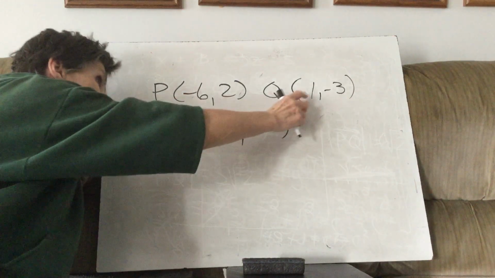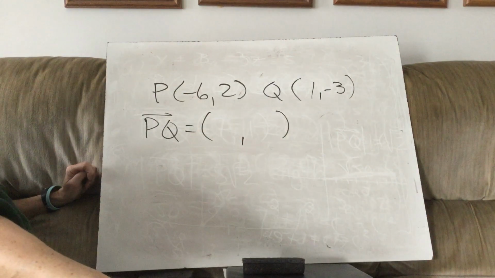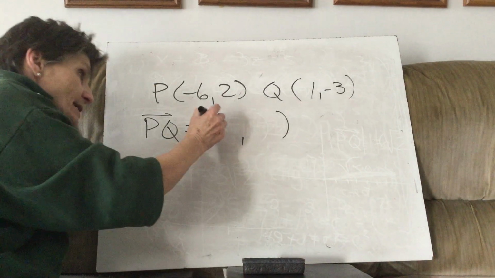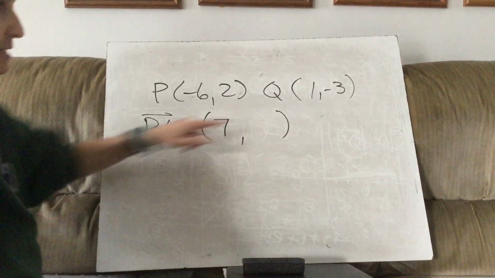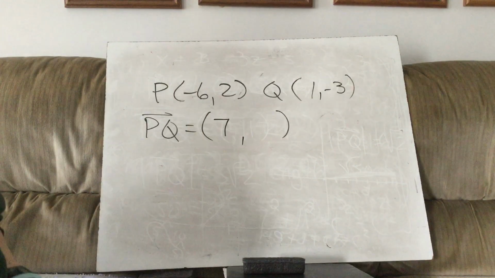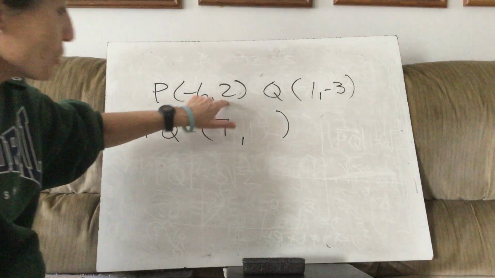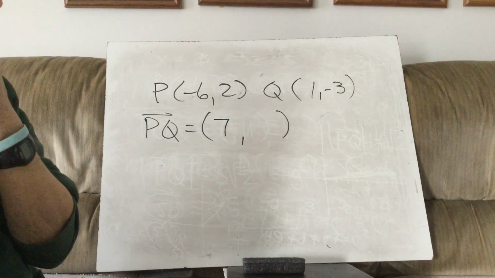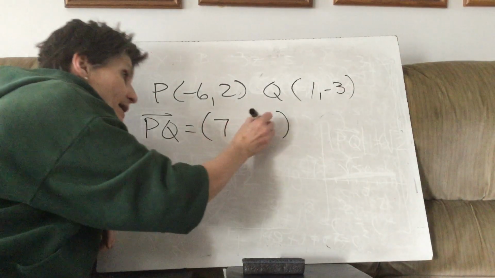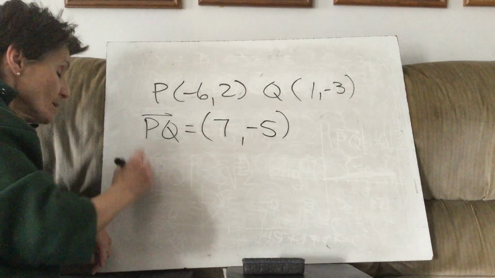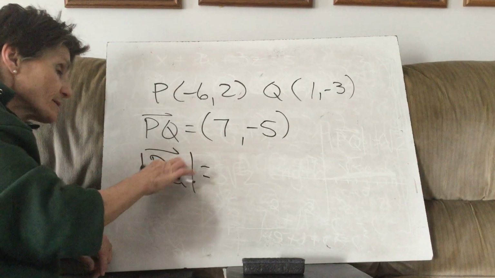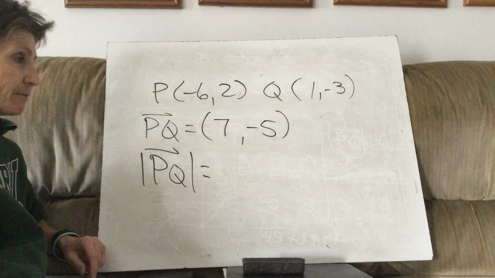So we're going from -6 to 1. I hope you said 7, because 1 minus -6 is 7. And then from 2 to -3, watch it, that's going backwards. From 2 to -3 would be -5. So we have the vector whose coordinates are 7, -5.